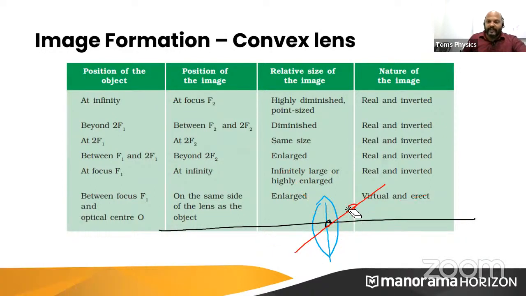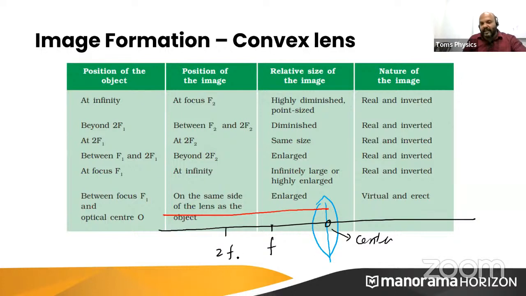The other important case is when the incoming ray is parallel to the principal axis. In the case of mirrors, we had the focus and the center of curvature. In the case of a lens, we have the optical center, we have F, and we have 2F.